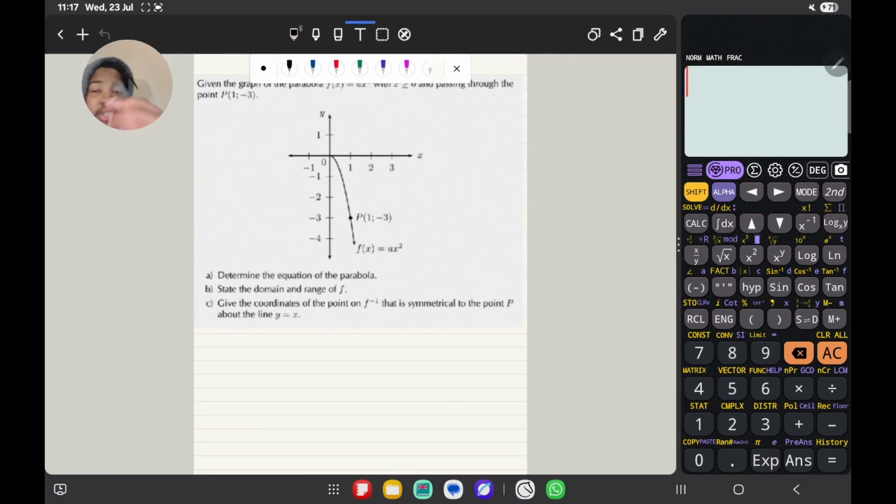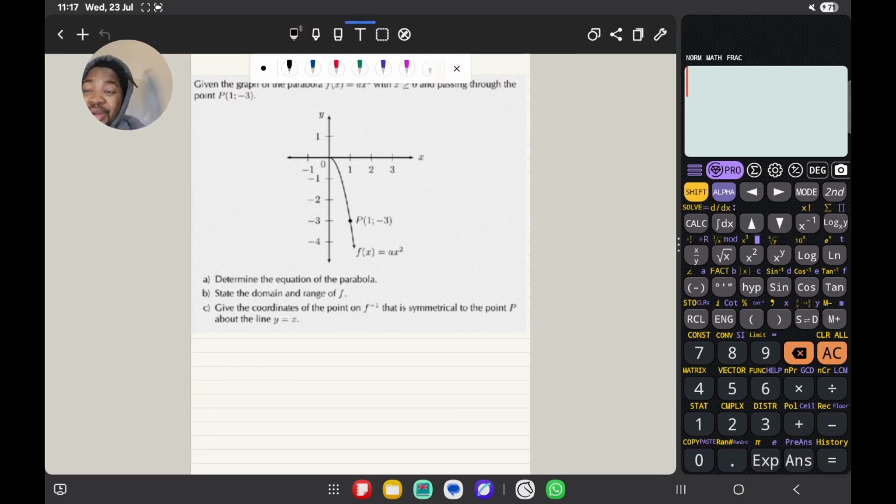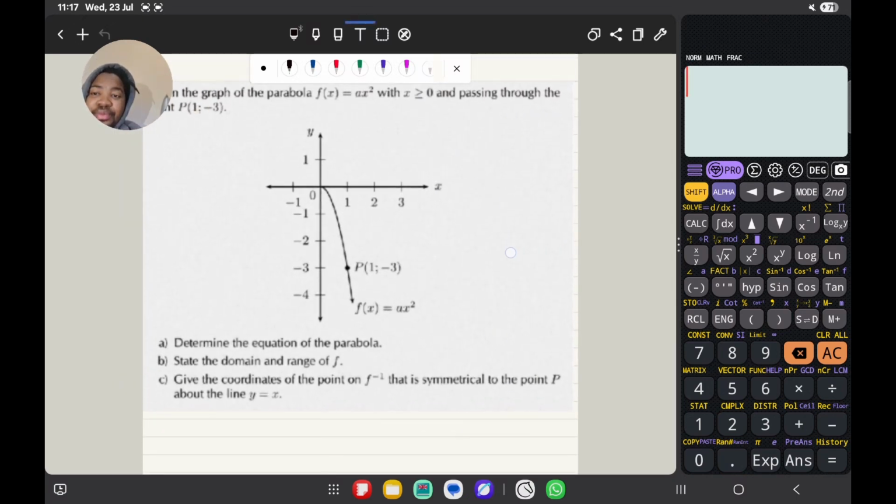So I was not aware actually that I had an extra question for parabola. So yeah, parabola is still continuing just a little bit. So let's see, given the graph of a parabola, cool. So you have a graph of a parabola there, and then for x greater than 0, passing through the point. Determine the equation of the parabola. Okay, cool.